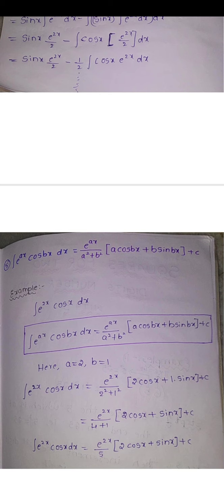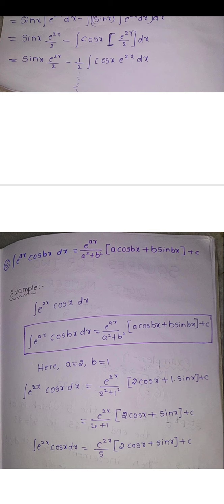Take one example. Integral e power 2x cos x dx. What is the formula? Integral e power ax cos bx dx is equal to e power ax by a square plus b square into a cos bx plus b sin bx plus c. What is a here? 2. b is equal to 1. So substitute in that formula.